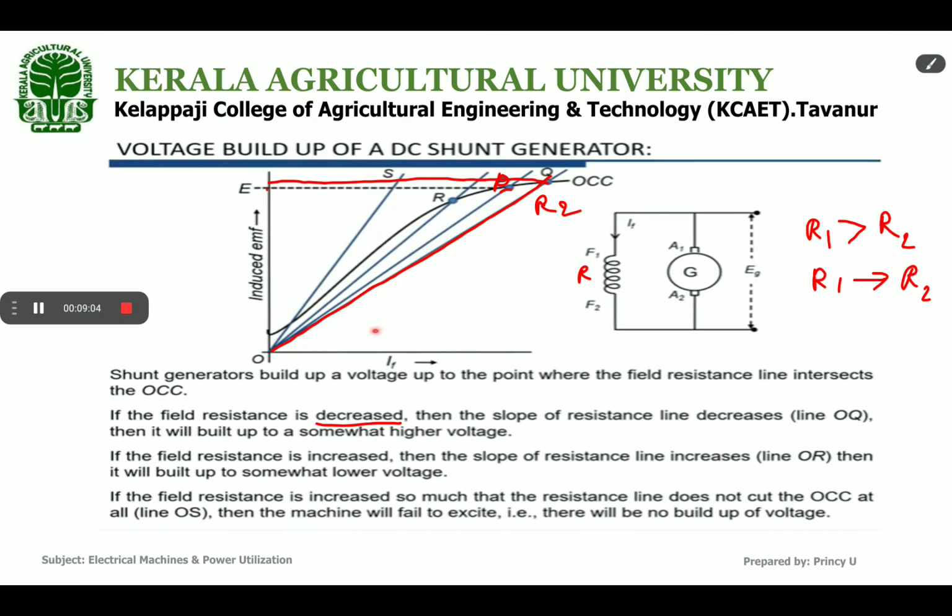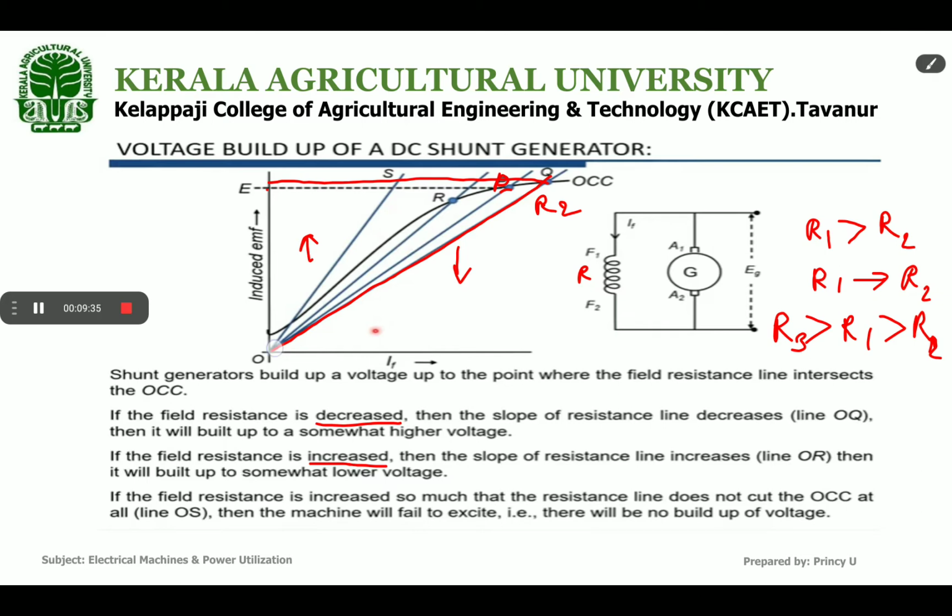Now we are going to consider another resistance R3, which is greater than R1. First we decreased the resistance, now we are increasing it. If the field resistance is increased, then the slope of the resistance line also increases.